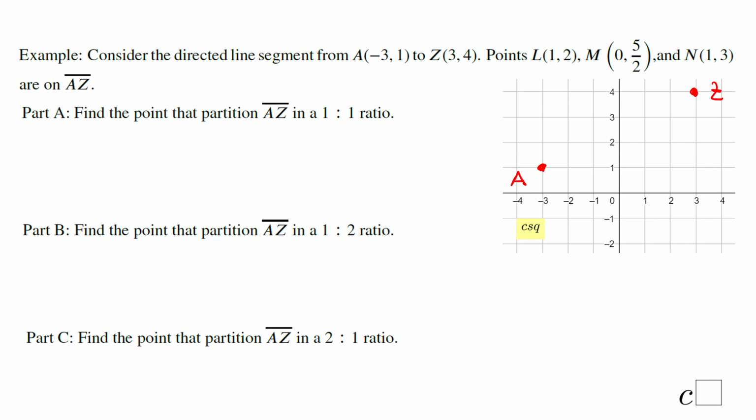Now we have points 1 and 2 for L. I think I have a problem here. Let me see. -3 and 1, 3 and 4, 1 and 2. I can see a problem. 0 and 5/2, that will be right here.